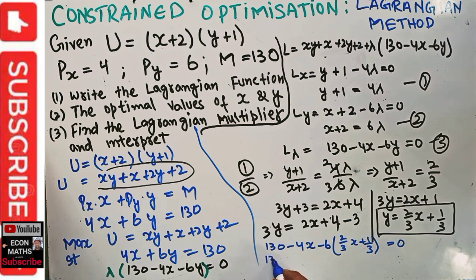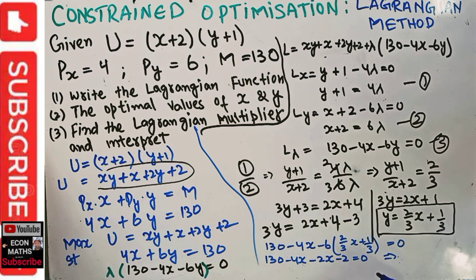So we have 130 minus 4x. Here 3 1s are 3, 3 2s are 6, so we are left with minus twice x. Again, we will be left with minus 2, and we set it equal to 0.